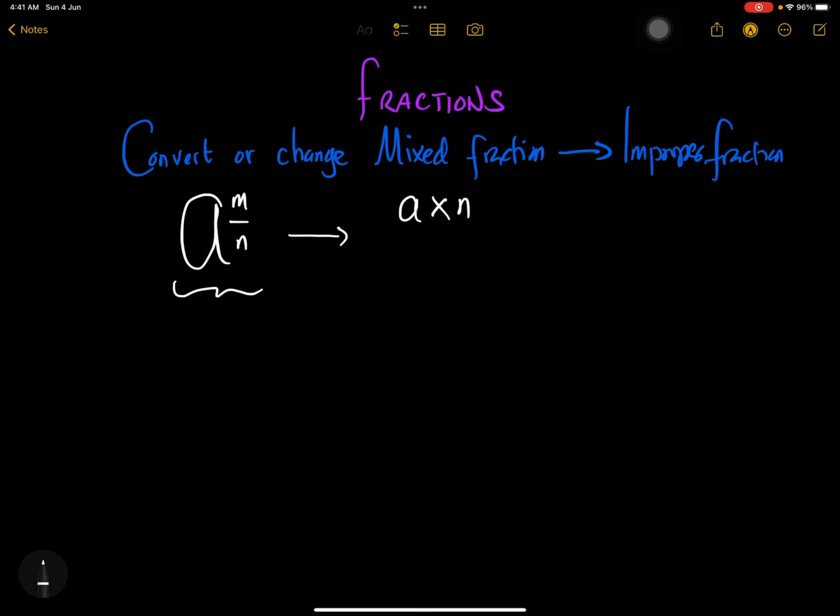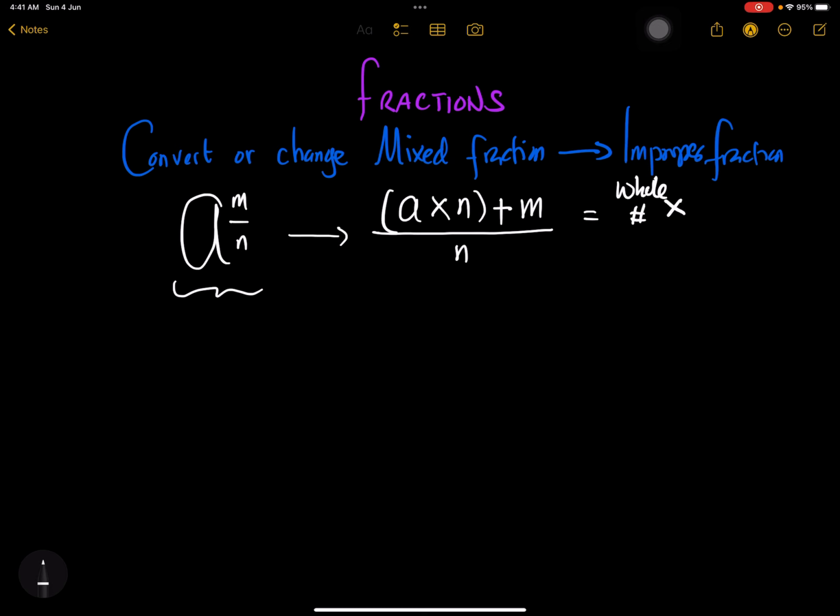The whole number by the denominator, and then we add the numerator to it, and then we divide everything by the denominator.